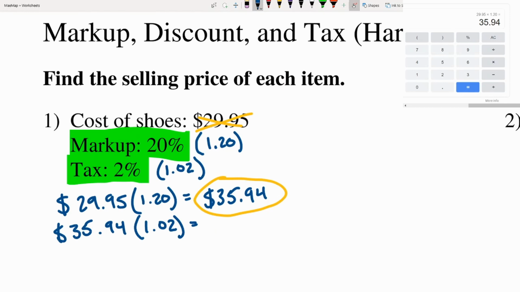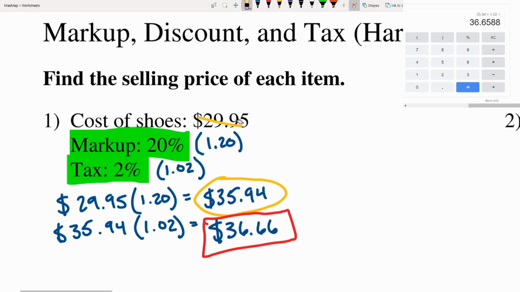So I'm going to take that 35.94, multiply it by 1.02, and that's going to give me $36 and, when rounding, 66 cents. So $36.66 is the total price of those shoes after the markup and then after the tax.